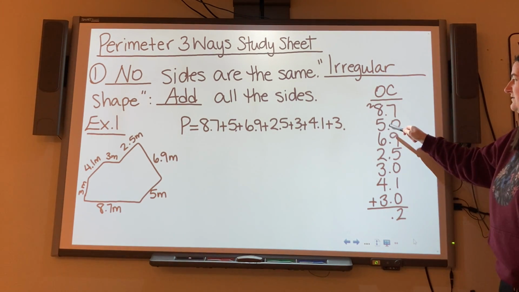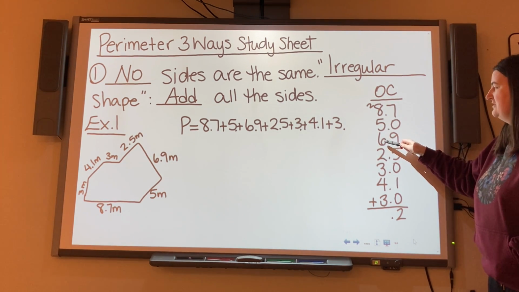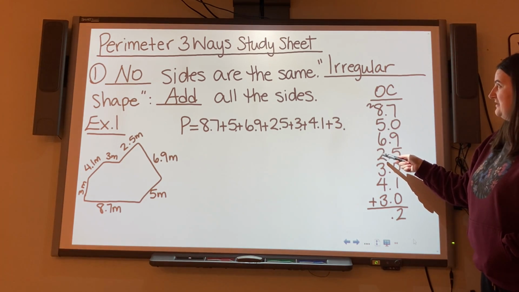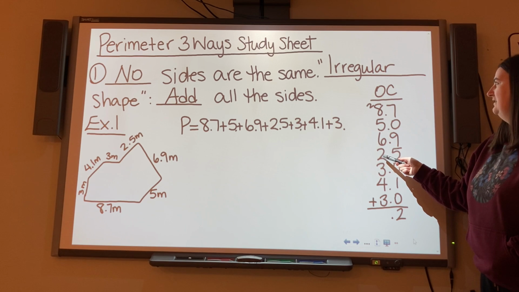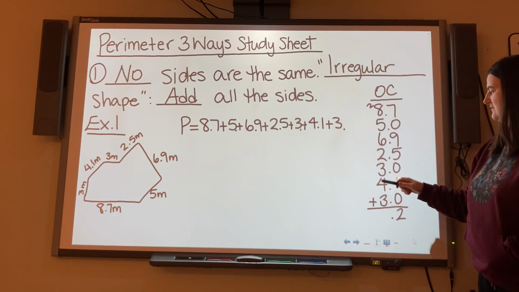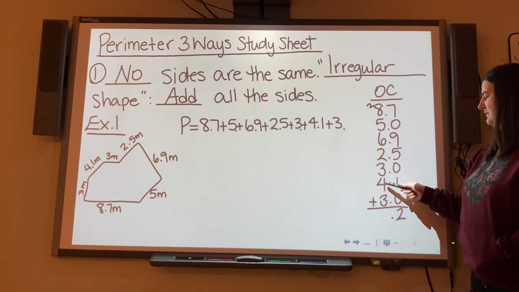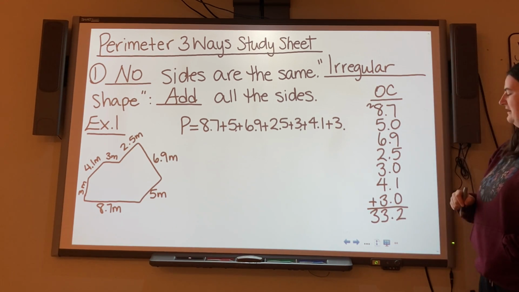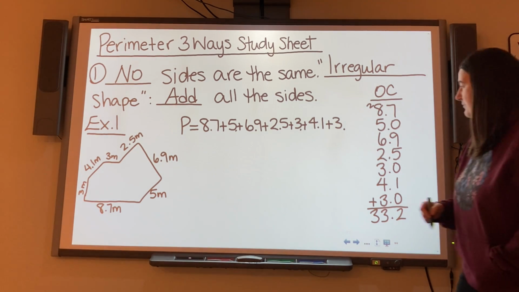Plus 5 is 15. Plus 6 is 21. Plus 2 is 23. Plus 3 is 26. Plus 4 is 30. Plus 3 is 33. So the total is 33.2.